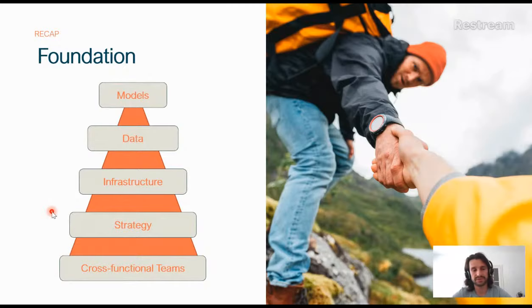So we have to understand what we're doing and why we're doing this. Before building a lot of data lakes and thinking of what models we can train, we should be sure that we know the goal, that we run the project nicely, and that we understand what to do with the outputs of the model. And I think all of this is much easier when you have cross-functional teams.